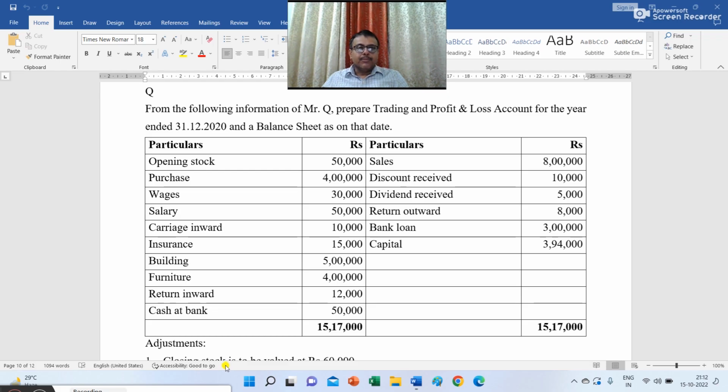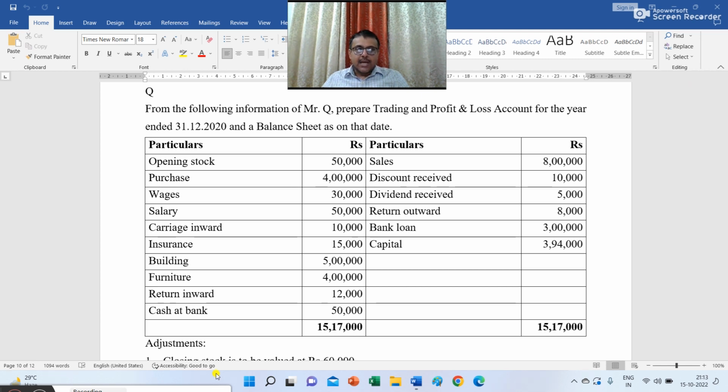From the following information of Mr. Q, prepare trading and profit and loss account for the year ended 31st December 2020 and a balance sheet as on that date. So we have the trial balance, and on the debit side we have opening stock of rupees 50,000, purchase 4 lakh, wages 30,000, salary 50,000, carriage inward 10,000, insurance 15,000, building 5 lakh, furniture 4 lakh, return inward 12,000, cash at bank 50,000.